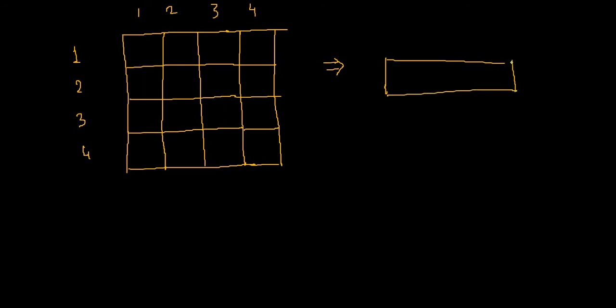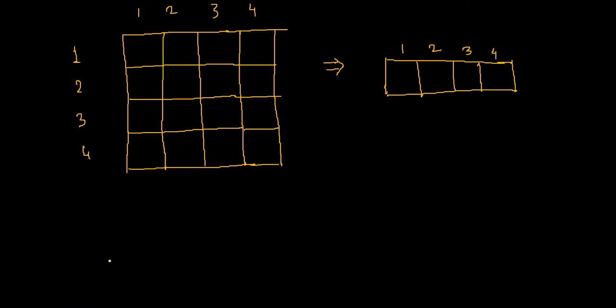So this is 1, 2, 3, 4, this is column number 1, 2, 3, 4, and the corresponding 2-dimensional view looks something like this. So 1, 2, 3, 4. Fine.